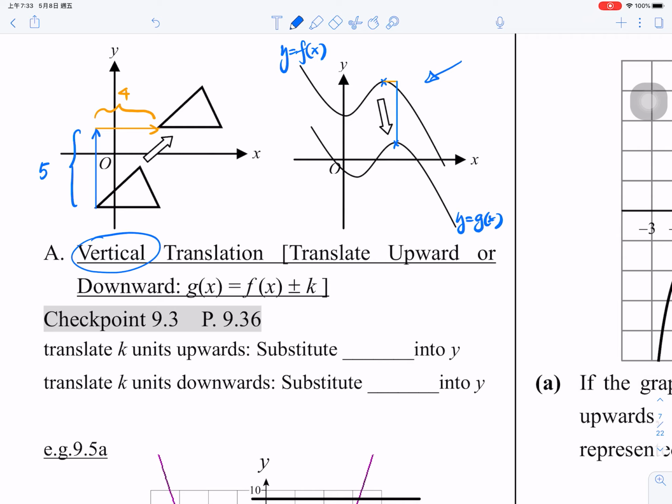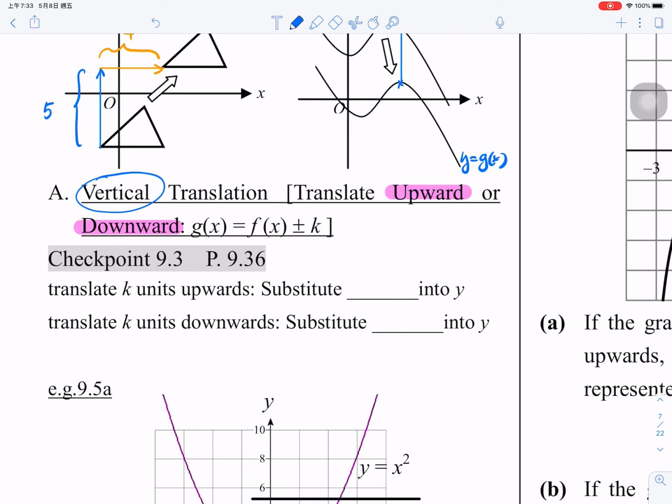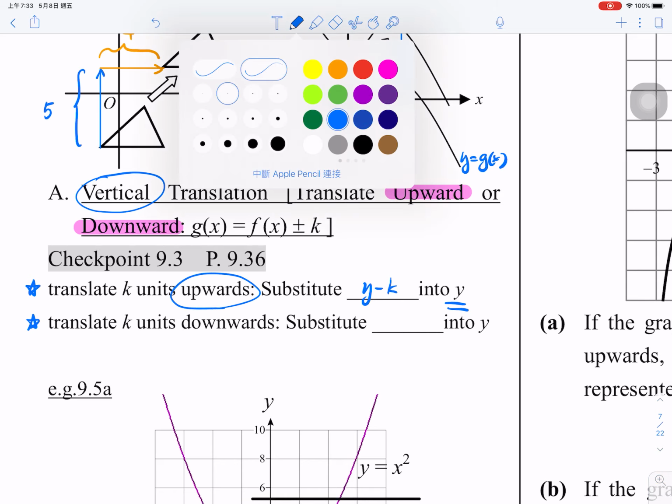Let's see. Now, vertical translation, that means translate upwards or downwards. Let's have a look at these two things. If translate k units upward, then substitute y minus k into y.